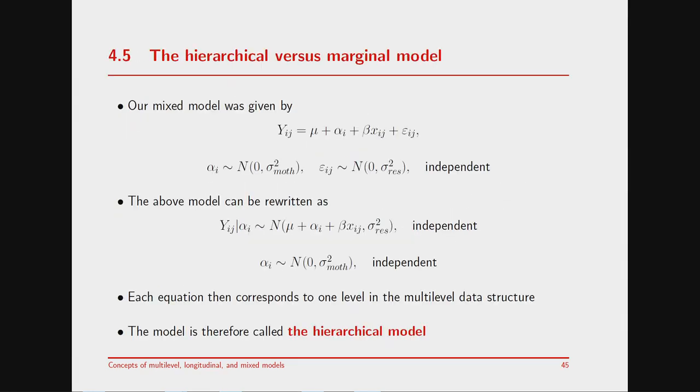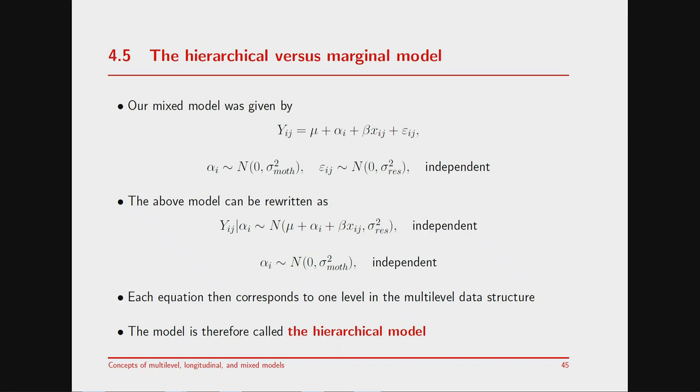And this is what we call the hierarchical versus the marginal model. The model that we have written down here, with the normality assumption for the alphas and the normality assumption for the epsilons, can be rewritten as follows. Conditionally on alpha, what is the model for y?